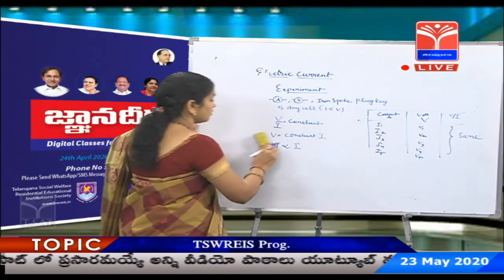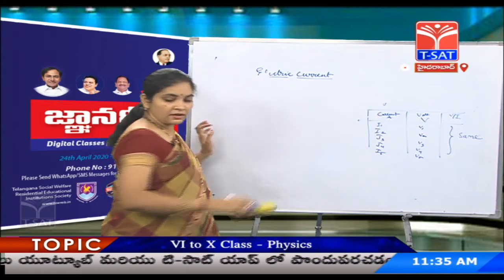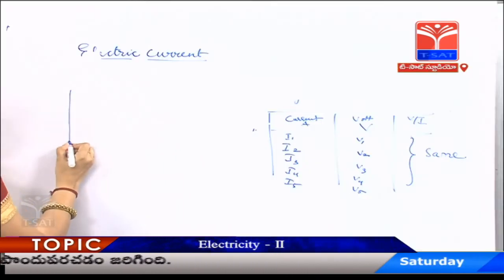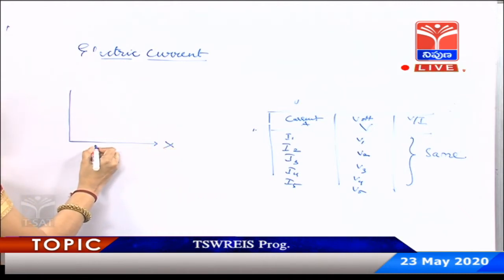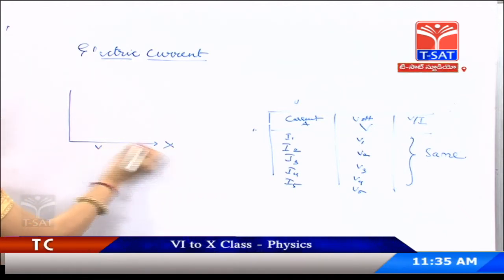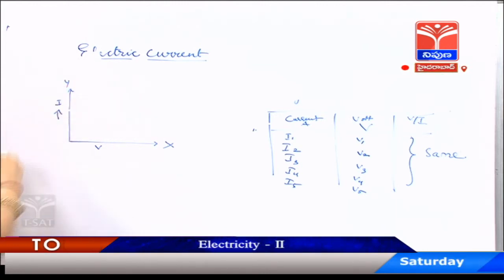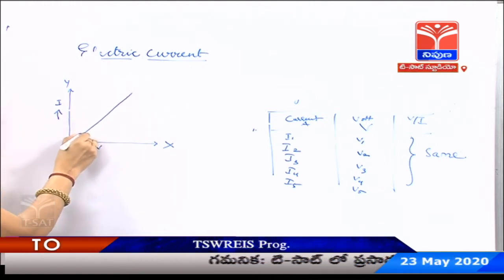Now, draw the graph taking these values. Take voltage on the x axis and current on the y axis. When you draw the graph, you will get a straight line.